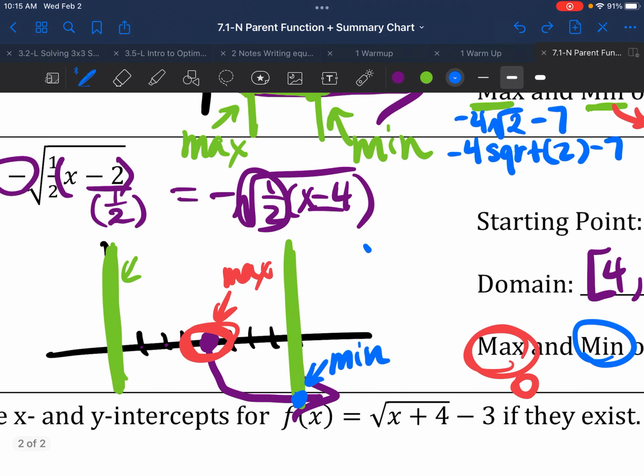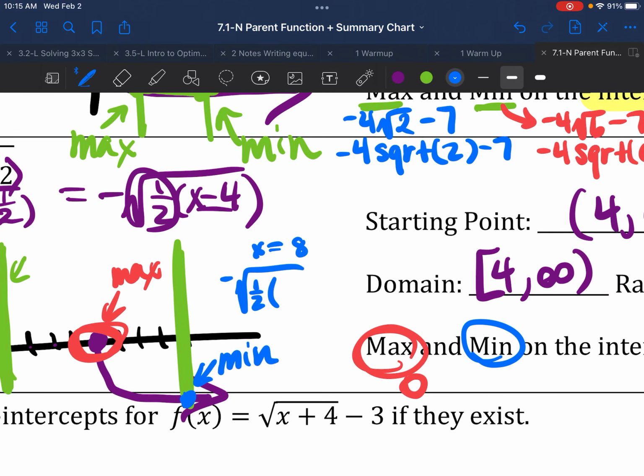We're plugging in x equals 8. And so negative square root of 1/2. And I'm going to stay with good form. 8 minus the 4 inside the parentheses, replacing this x with 8. Okay, that gives me negative square root of 1/2 times 8 minus 4, which is just 4. And 1/2 of 4 is 2.